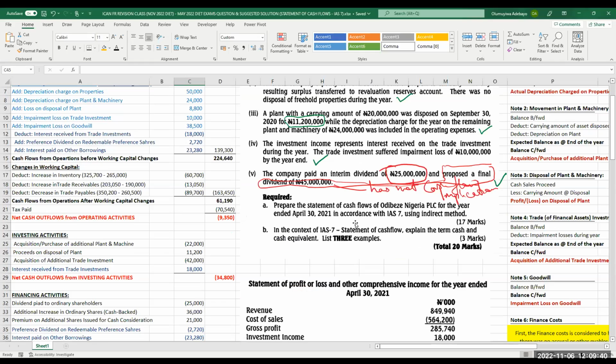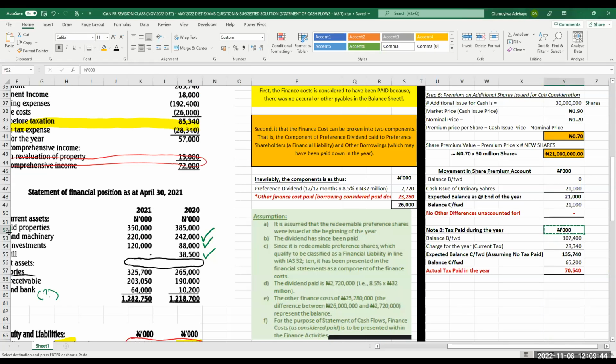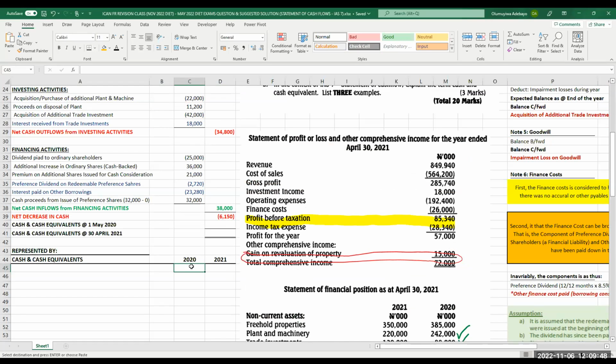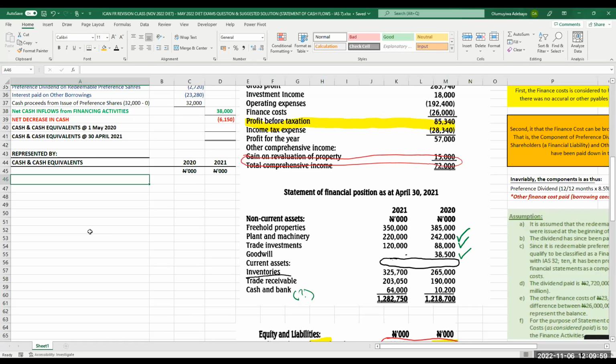Our figures are in thousands of naira. Now, what is the composition of it? We have cash and bank, and we have bank overdraft.